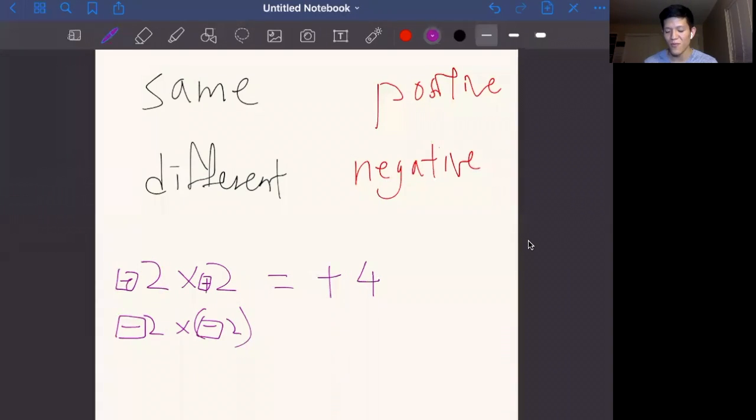They are the same, so the answer will also be positive, and 2 times 2 is equal to 4. But if you have 2 times negative 2, this one's positive and this is negative. Signs are different, so the answer will be negative, and 2 times 2 is 4. We have negative 4 as an answer.